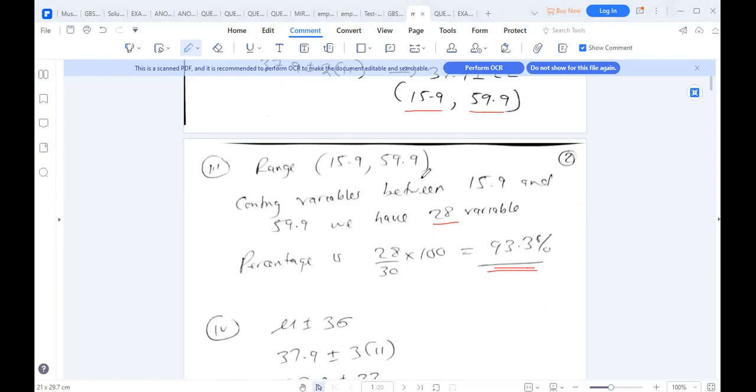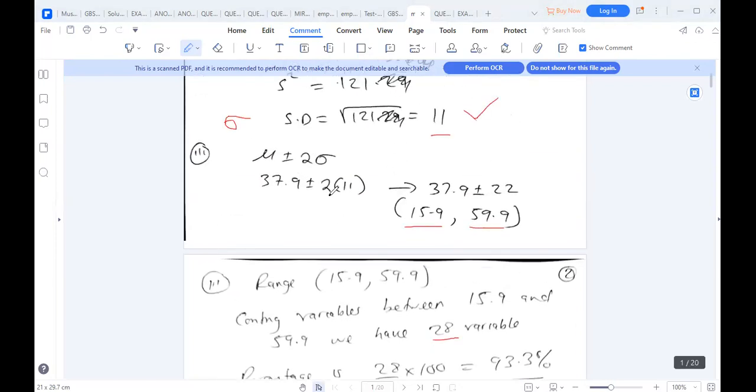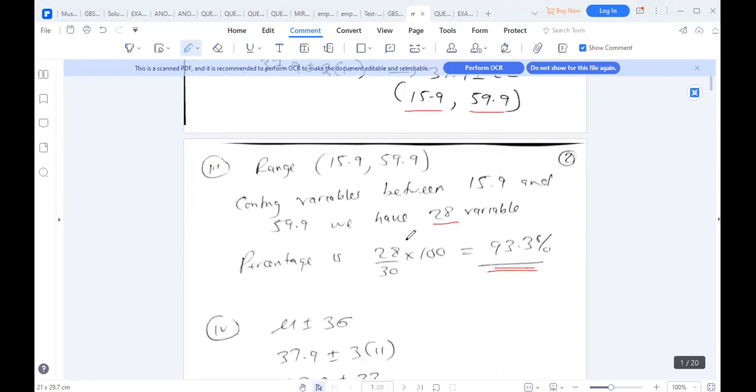So after finding the interval, you locate which figures fall within this range. You handpick them, and the ones that you handpick are literally going to be 28. So 28 out of 30 is 93.3. So this is how we find the percentage.